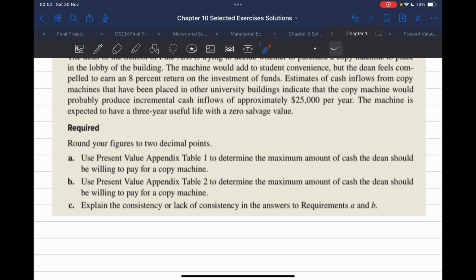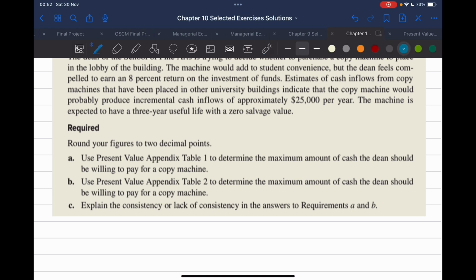The machine is expected to generate $25,000 per year over 3 years. So we need to discount these cash inflows to see how much they are worth today. What's the maximum amount the dean should be willing to pay today in order to generate this much cash each year over 3 years?